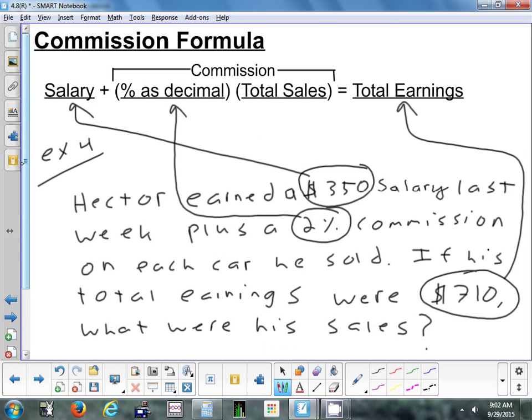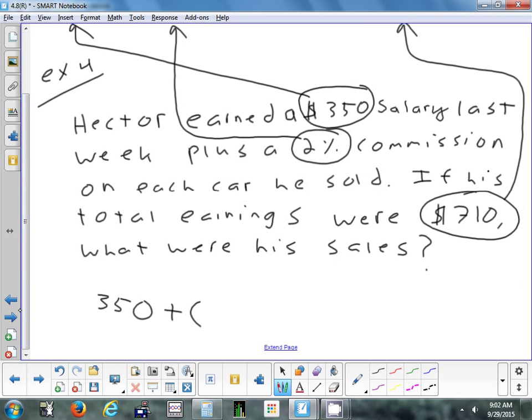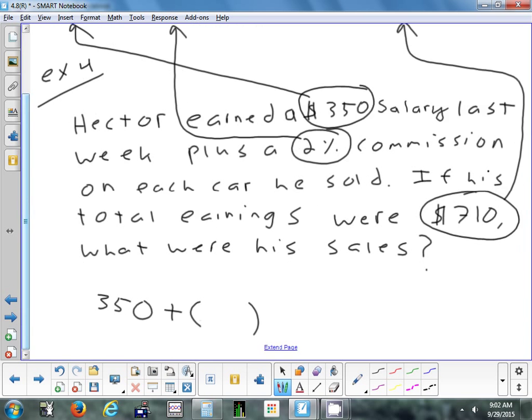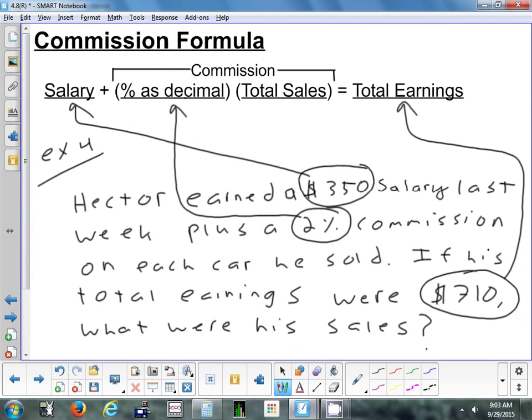After salary, we got a plus sign. In parentheses, I need my percent. How would we write 2%? 0.02. There's my percent. Total sales, that's the question mark.